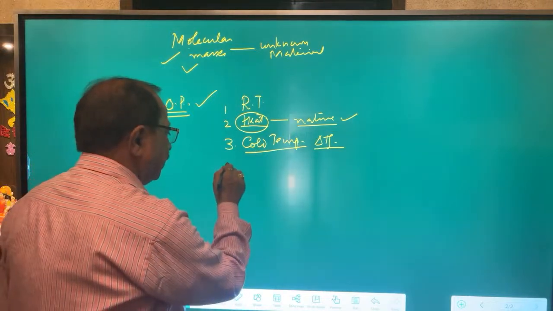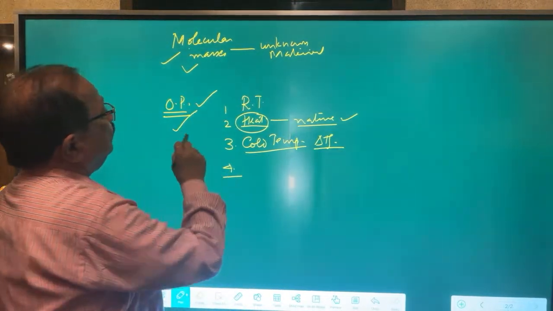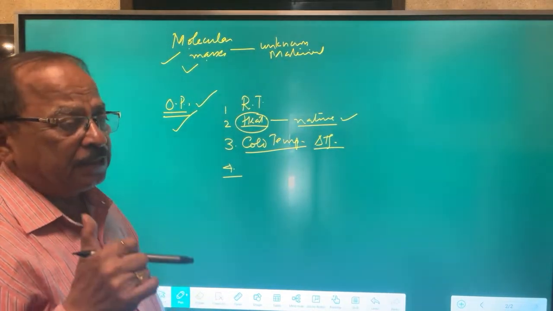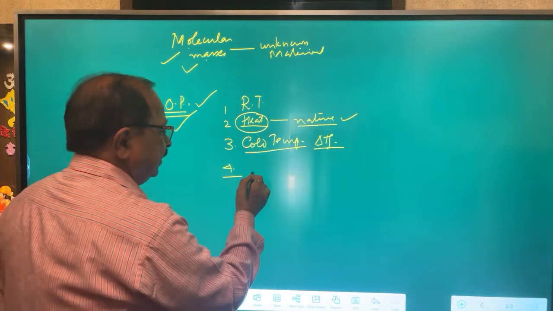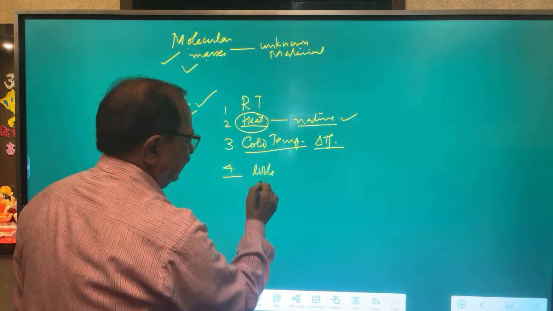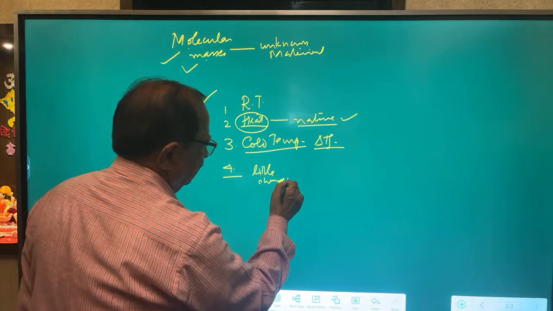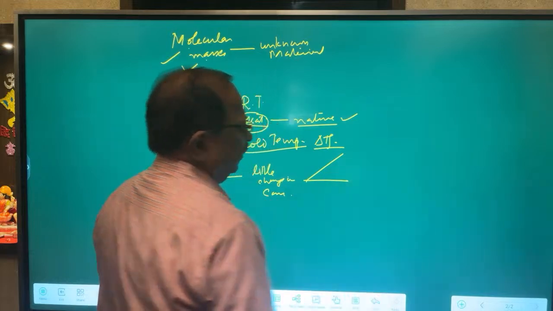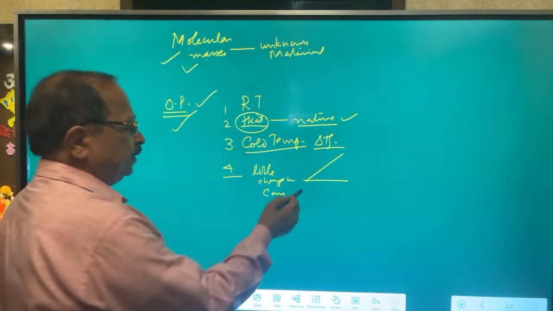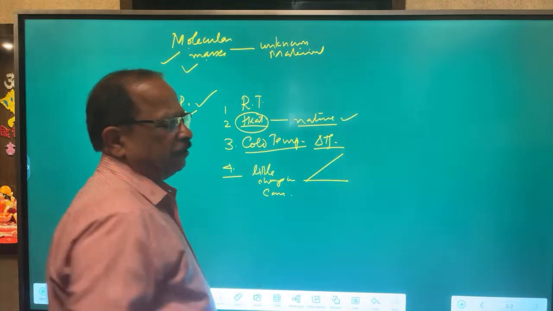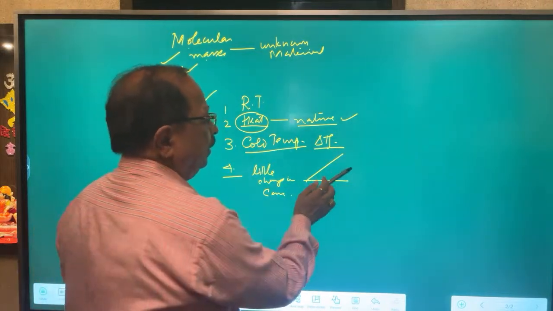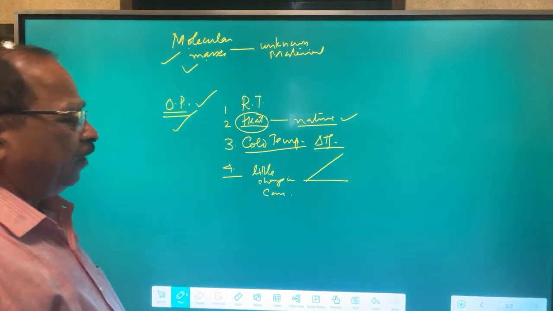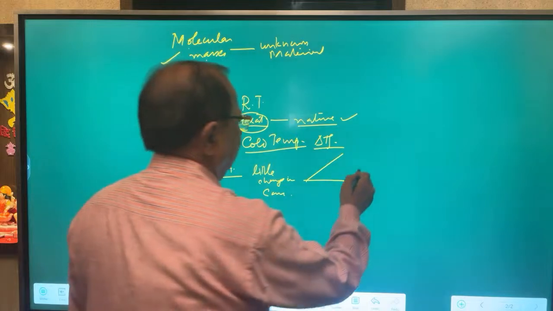Another important thing is that when we determine the molecular mass by osmotic pressure, this method is very precise. Even for a little change in concentration, the colligative property changes to a very great extent. Such methods, where a small change in concentration brings about a larger change in the value of the colligative property, are definitely going to be more precise.